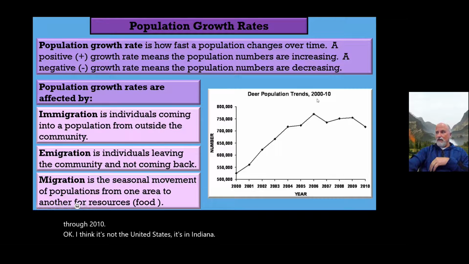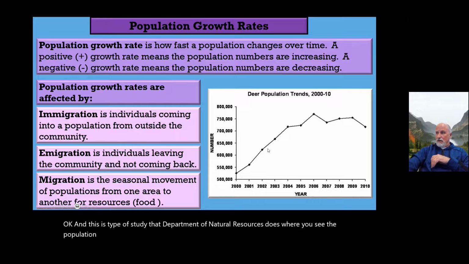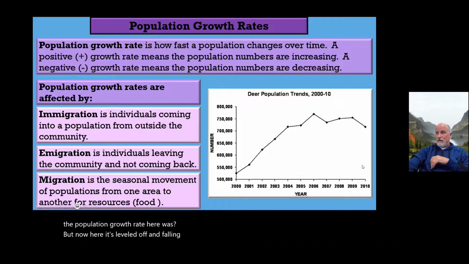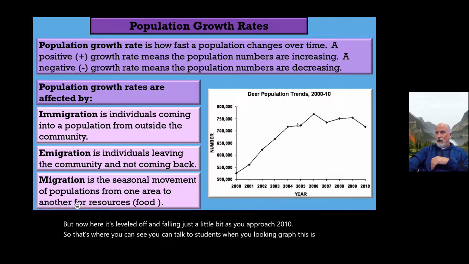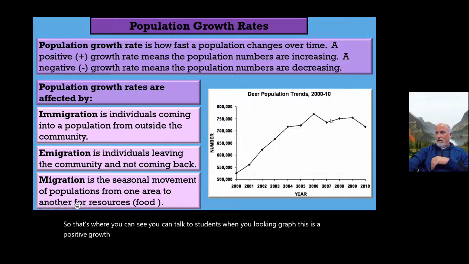This is the type of study that the Department of Natural Resources does, where you see the population growth rate here was increasing, but now here it's leveled off and fallen just a little bit as you approach 2010. So that's where you can talk to students when you look at a graph. This is a positive growth rate. Here's where the growth rate leveled off, and then this is a negative growth rate here.